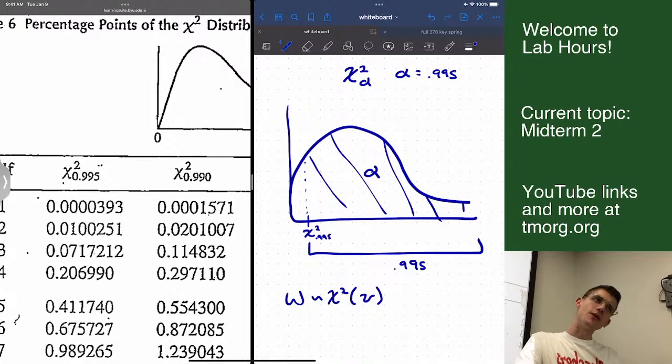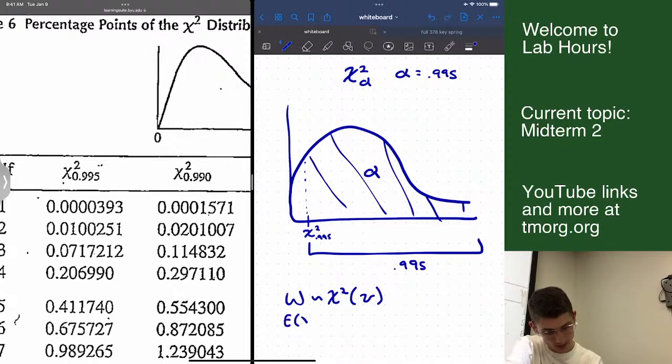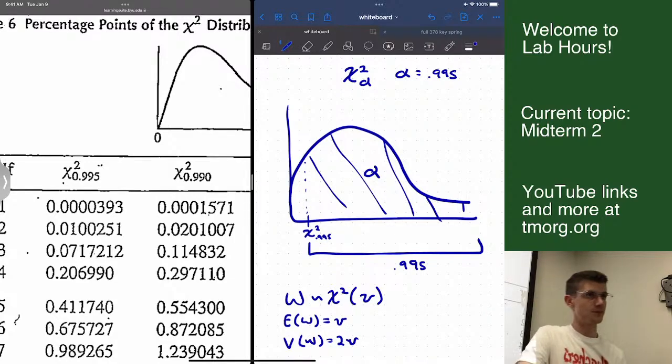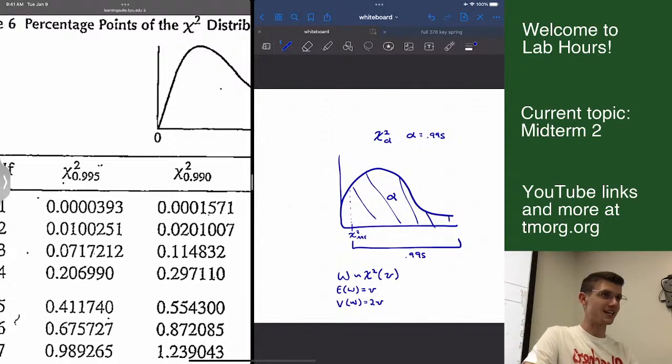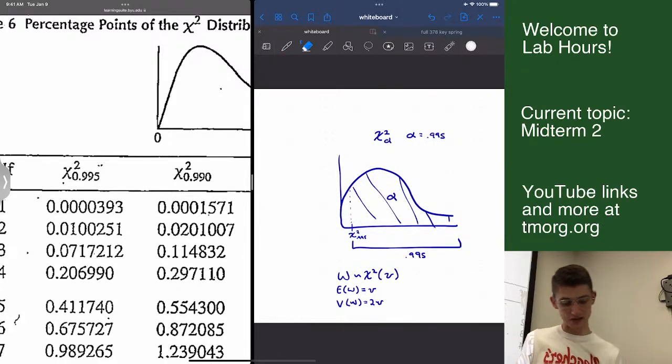I really should remember it at this point, but I don't, and that's okay. I believe that the expected value of W will be this little v thing, and the variance of W is going to be equal to 2 times that v thing. Good. We would have done that in class today, so shows you how much I pay attention in class.